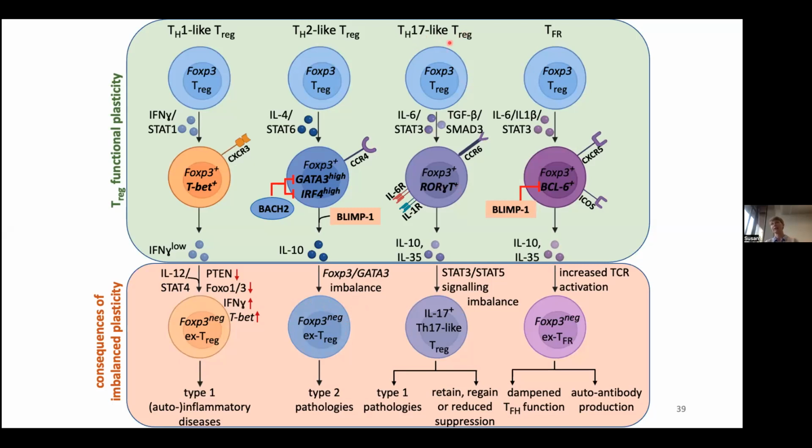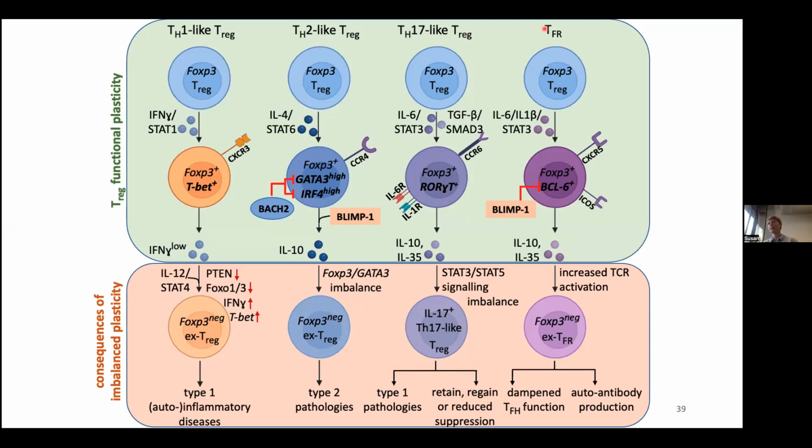For Th17-like Treg, this is the only example that I honestly could find where a regain of immunosuppressive features has been described upon loss thereof.